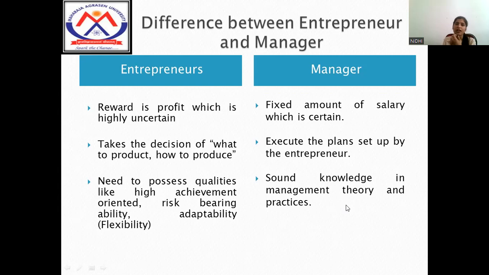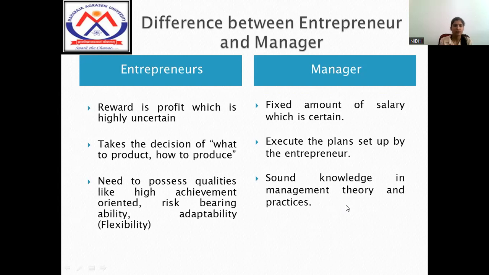A marketing manager should have specialized skills related to product promotion and other marketing matters. A finance manager should have the qualities of finance: how to raise funds, how to minimize costs, and other financial matters. So managers are bound to have such specialized knowledge only.